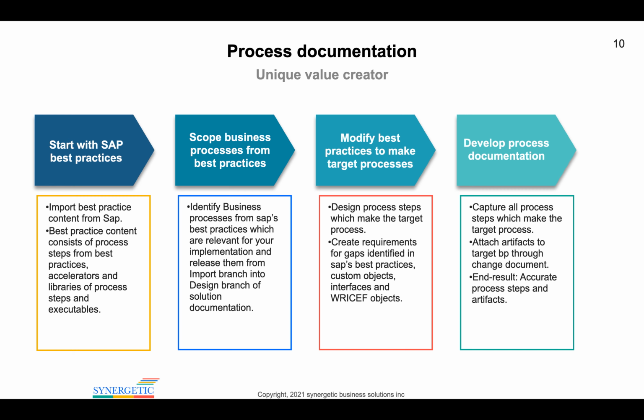You scope out the best practice content which you want to use, then modify it to make your target process. Then you document the gaps and fits as requirements, and also all the RICEFs and interfaces and everything you need, and you develop that in the realization phase.